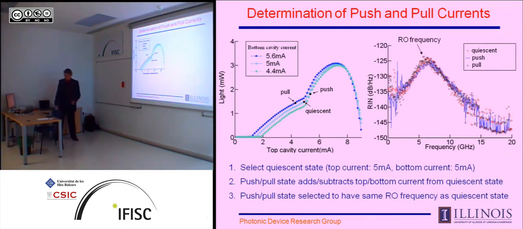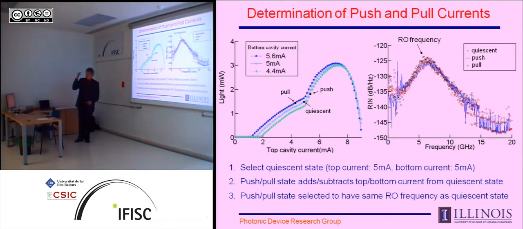The way we do that is we use the noise characteristics. If you take a semiconductor laser, you bias it DC, and you look at the relative intensity noise. You look at the output as a function of time, and you do a power spectrum analysis of that noise. What you find is that there's a peak in the noise. And that peak corresponds to this relaxation oscillation frequency. At the frequency where the carriers and the photons want to couple together, that's the peak of the noise.